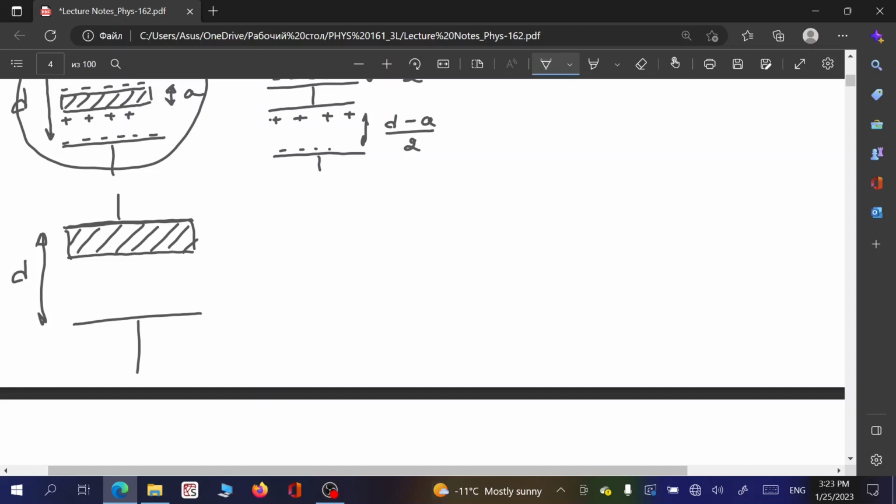So now we can say that this thickness will be some coefficient f times d, and here it will be (1 minus f) times d. So we have dielectric material with some dielectric constant k, and in this part we have just vacuum.